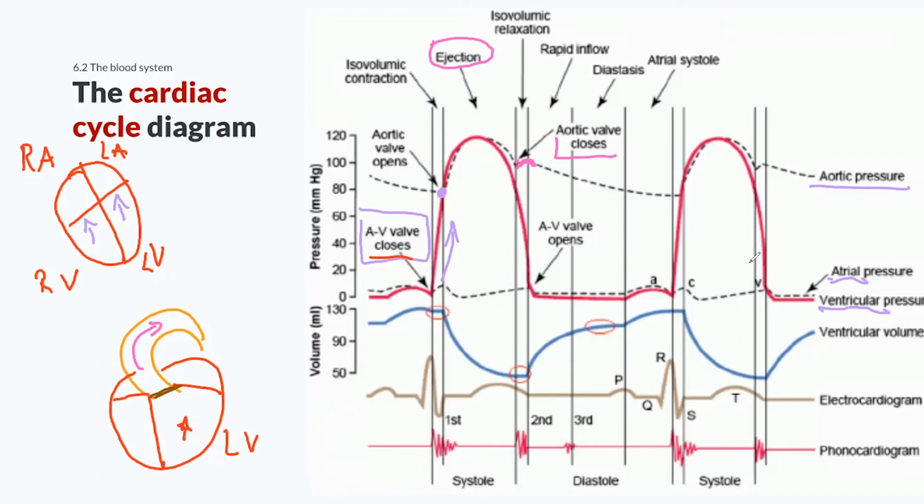Meanwhile, what's happening to the ventricle? The pressure's still going down, close to zero. It's empty now. Because it's now fully contracted, the pressure inside the atria is greater again than in the ventricle, because the blood is still coming into the atria.